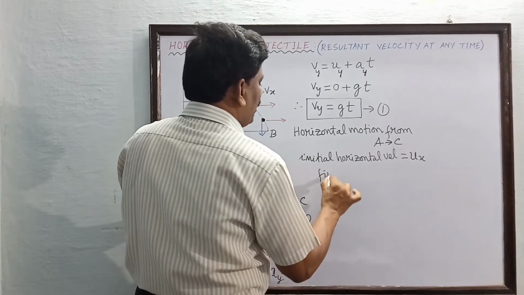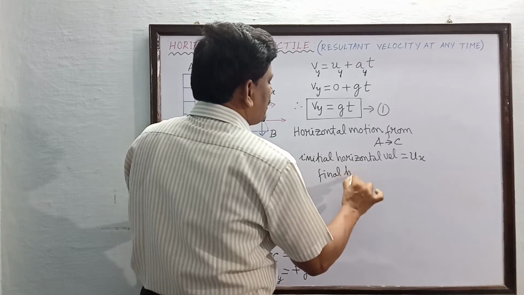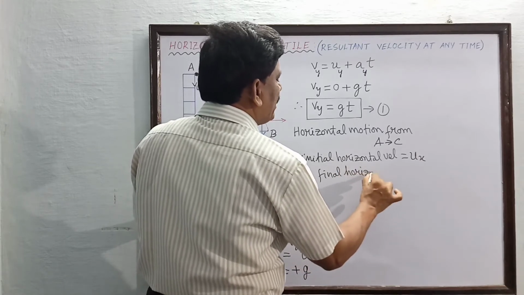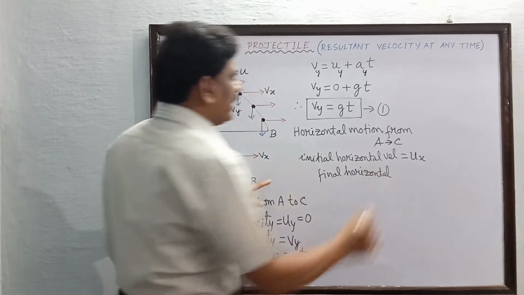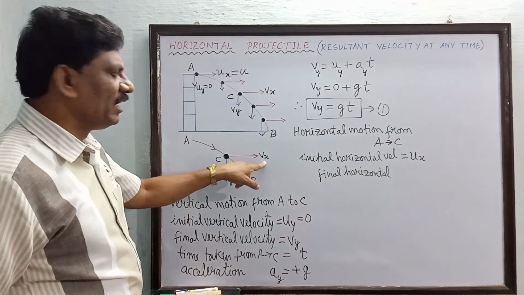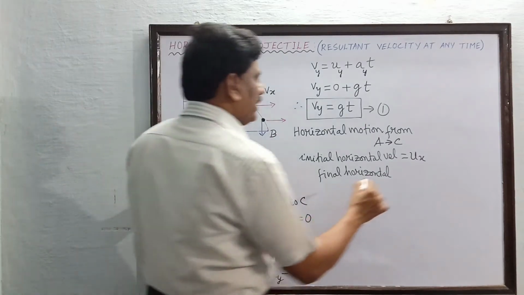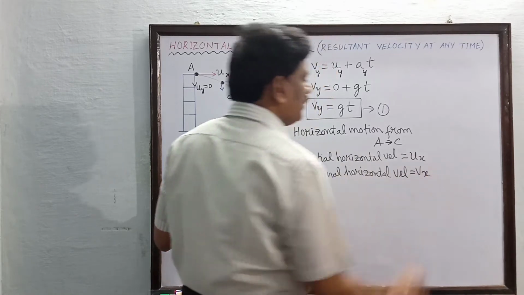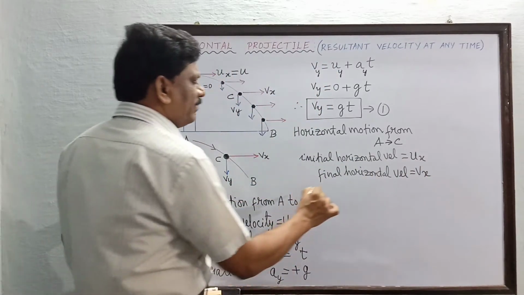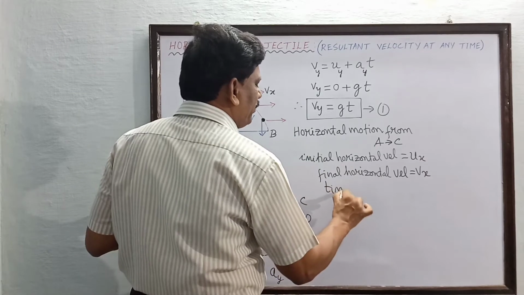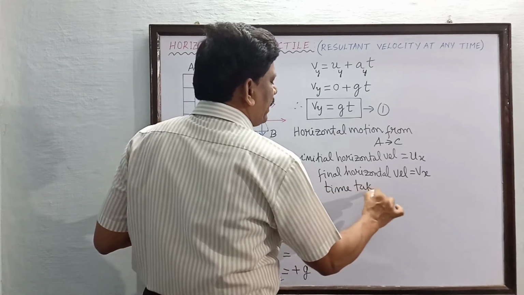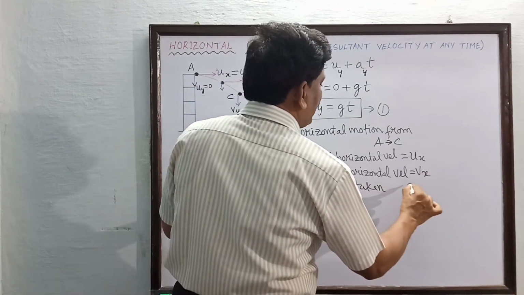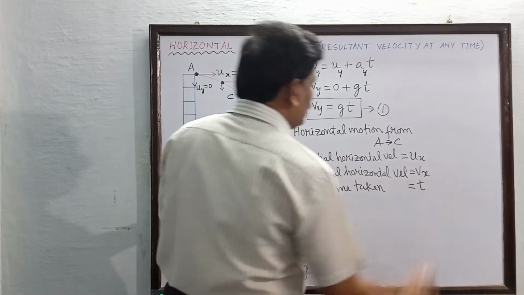And the final horizontal velocity at C, look at the picture, is Vx. The time taken to travel from A to C is the same, t.